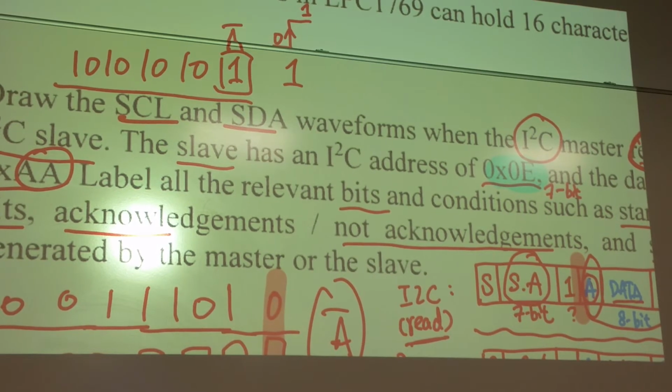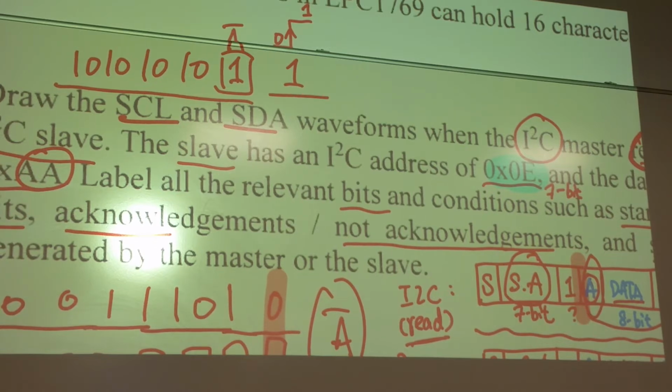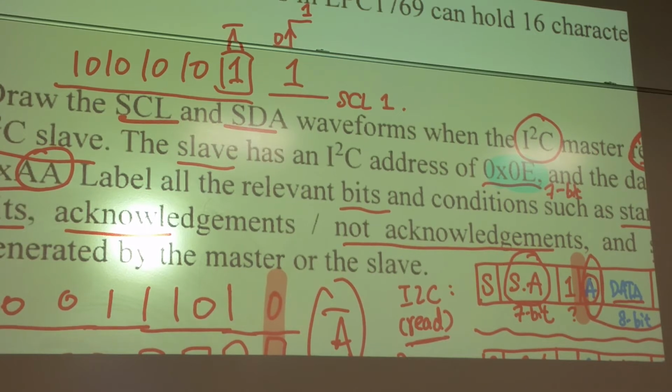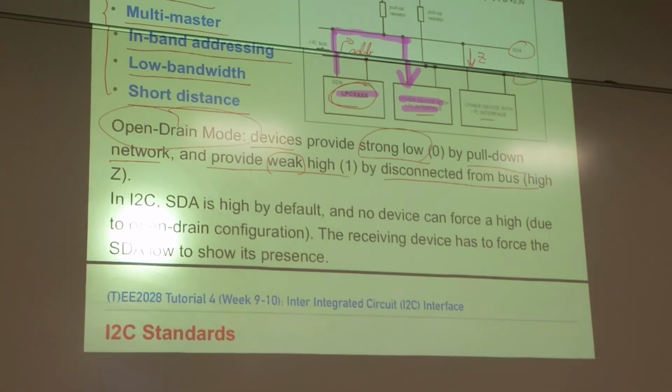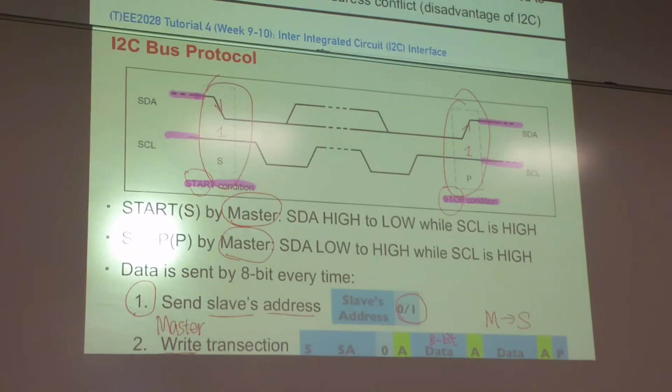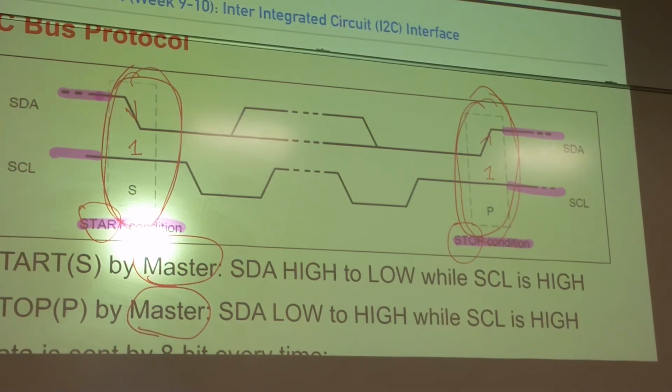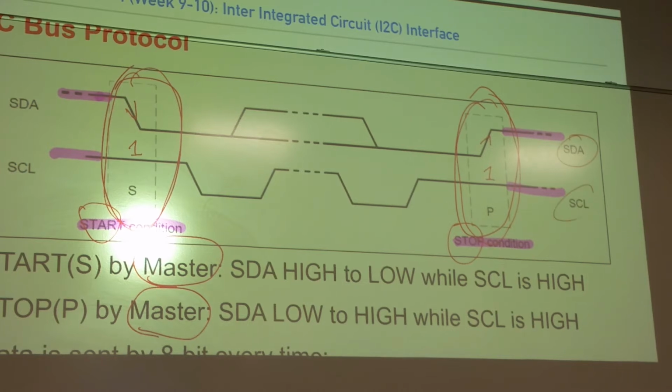It's releasing the channel when your SCL is 1. It's the opposite of your start, because the system is trying to release the channel here. So this is start, this is stop. If you understand the initial state of SDA and SCL, basically you don't need to memorize this.